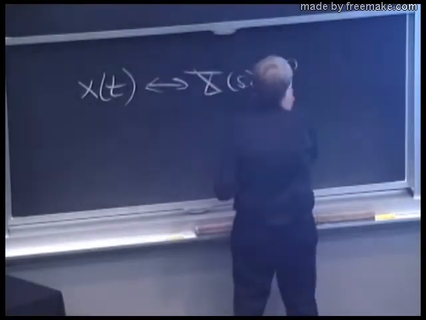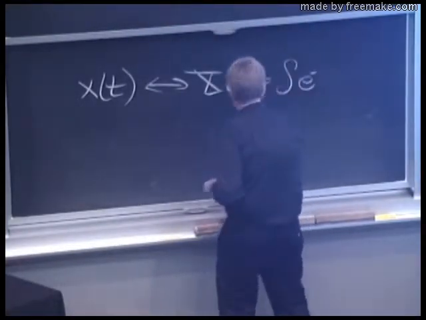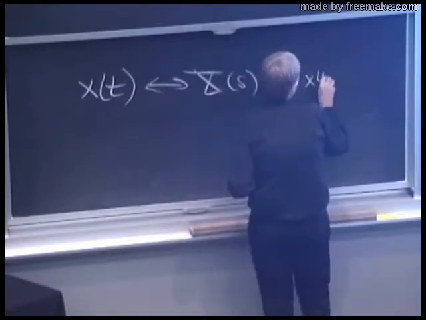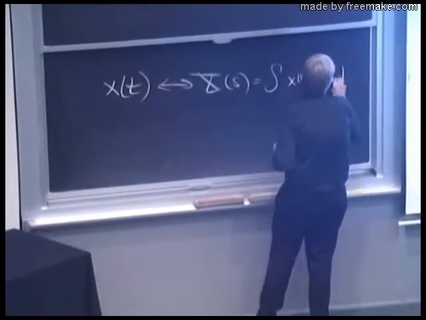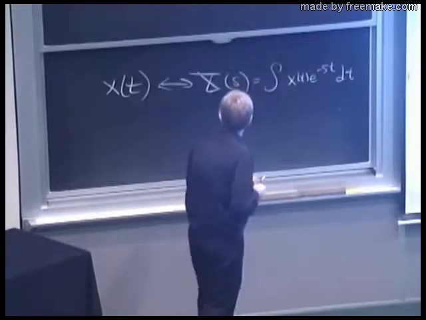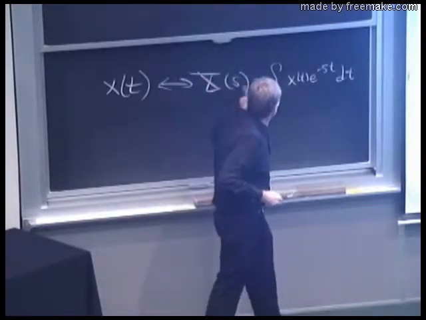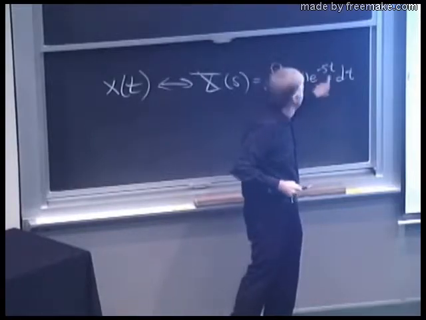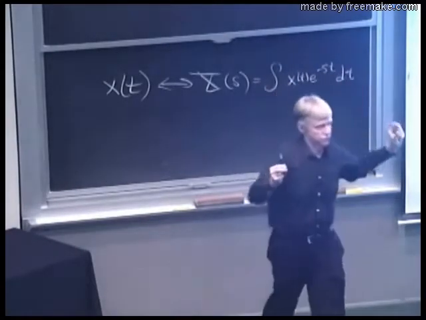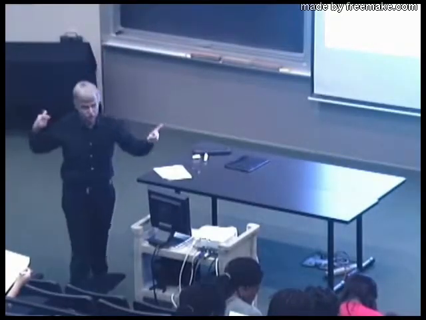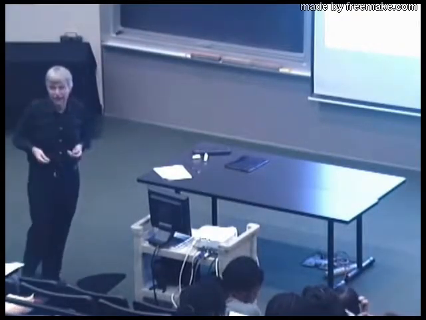So X of s is going to be the integral of x of t e to the minus st dt. So the idea is that this was a function of time, and this is only a function of s. We get the function of s by integrating some function of time, but we integrate time out, so time disappears. So we end up with a map linking a function of time to a function of s.